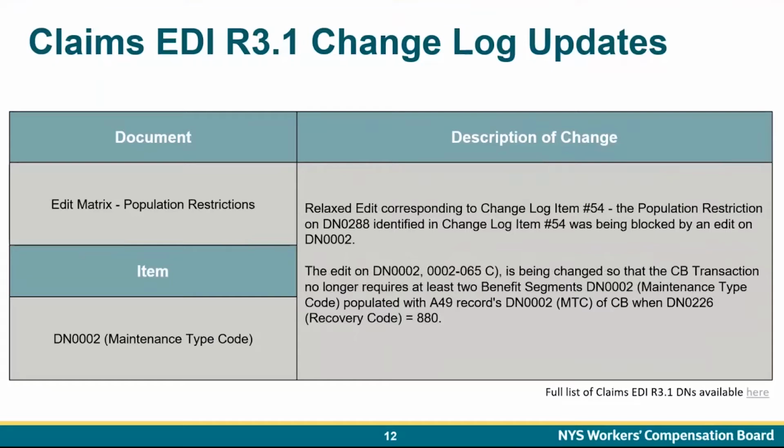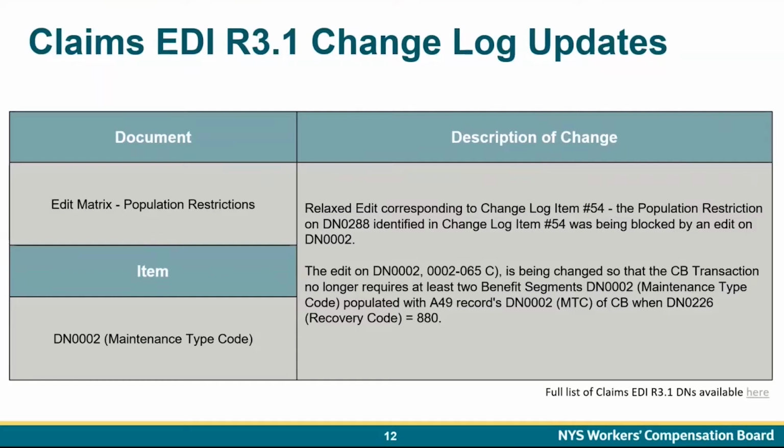For this population restriction, we actually relaxed an edit to correspond with changelog number 54. That population restriction on DN 288 was identified in changelog item number 54, and we discovered through testing it was blocked by an edit on maintenance type code, DN 002.